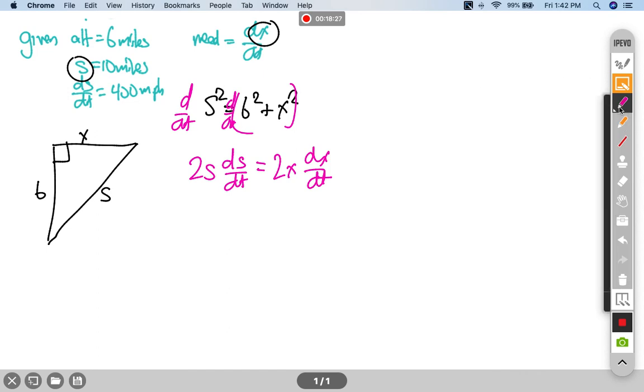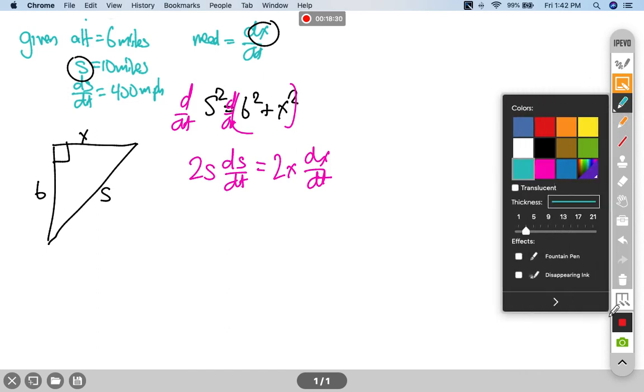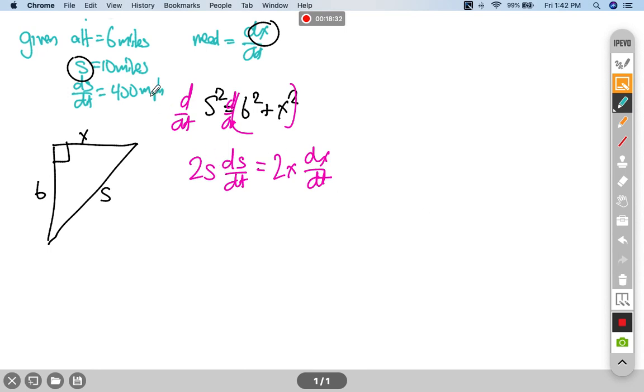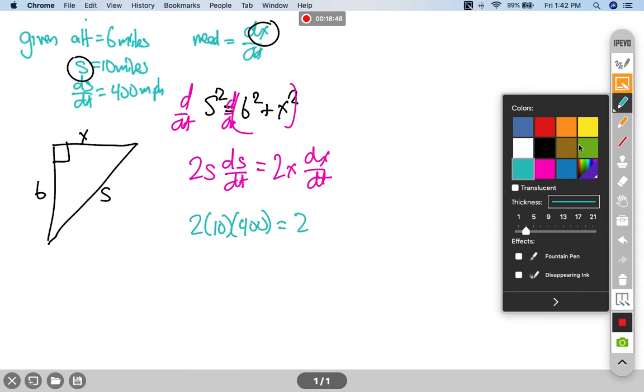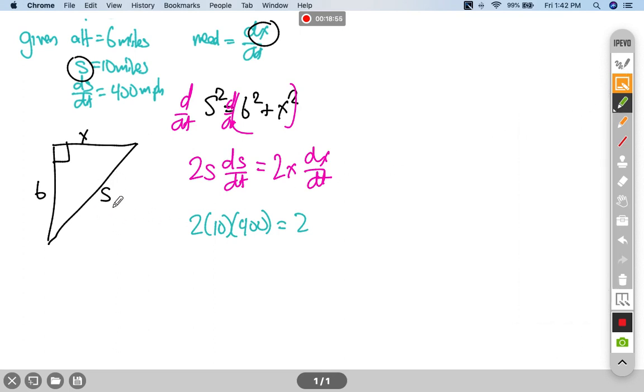Now I plug in my givens and see what I need to solve for. S, I know, is 10. ds/dt, I know, is 400. X, I don't know. So I need to come back to my original equation: when s equals 10, I have s squared equals 6 squared plus x squared.